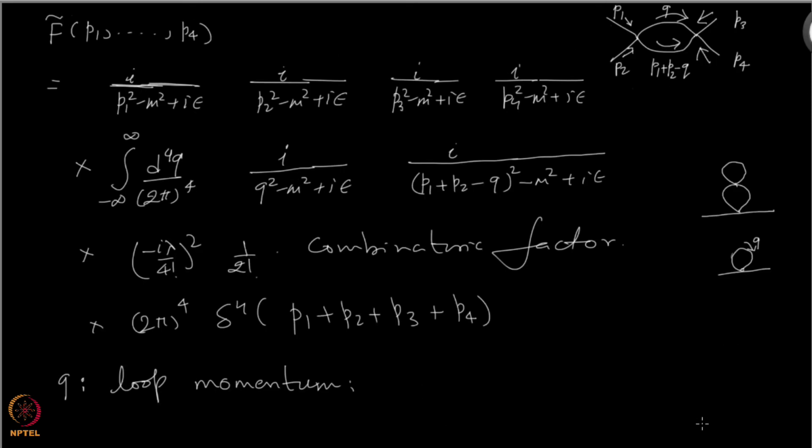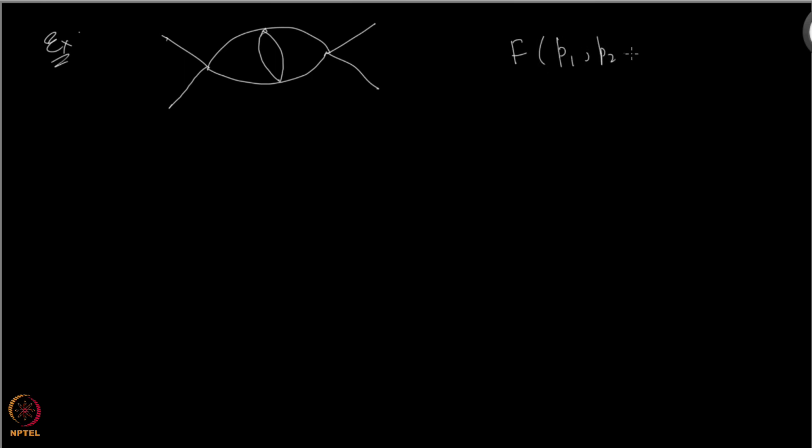these Fourier transformed Green's functions, and I would encourage you to play around with some other diagrams. For example, you can try to write down the expression for this one. So you are looking at a Green's function, or let's say a Feynman diagram with p1, p2, p3, p4, and where p1 is this, p2 is this, p3 is this, and p4 is that.